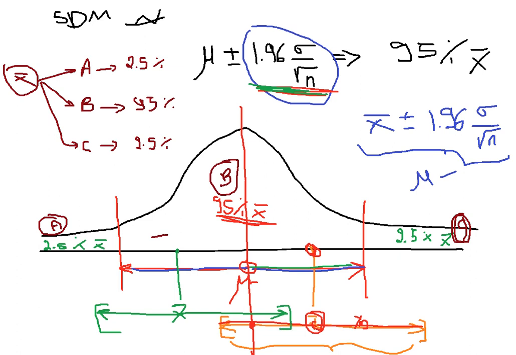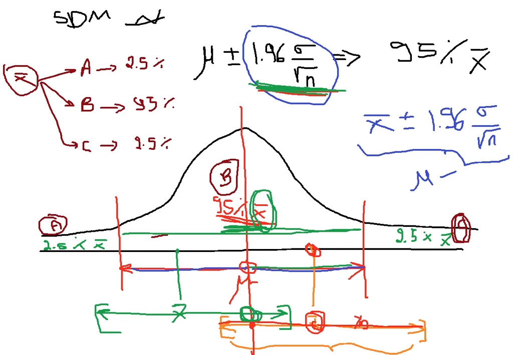My question, does it or does it not include mu? Well, see how it crossed mu? So yes, it will include mu, and mu will be inside it. In fact, as long as the X bar that you picked is inside this catchment area here, if you build that interval around it, you will capture mu.